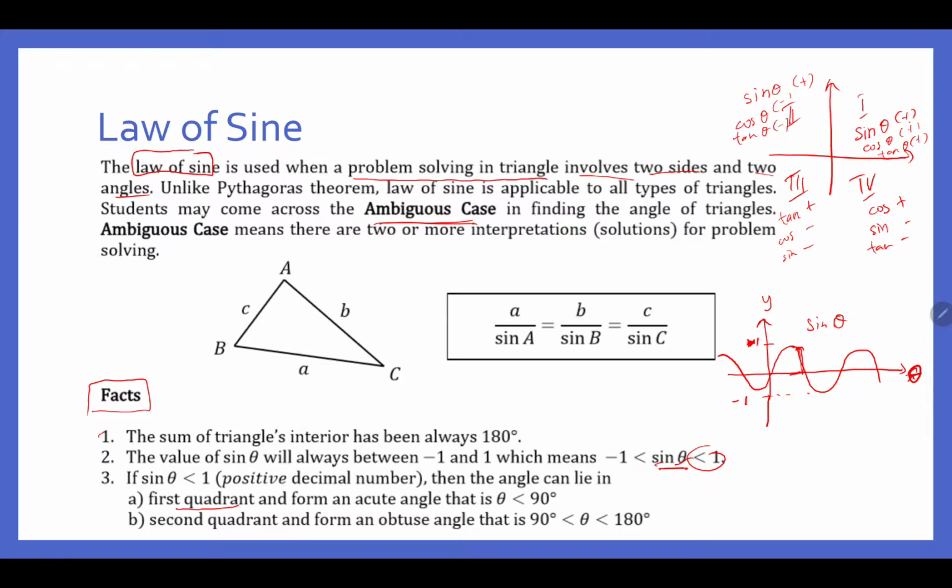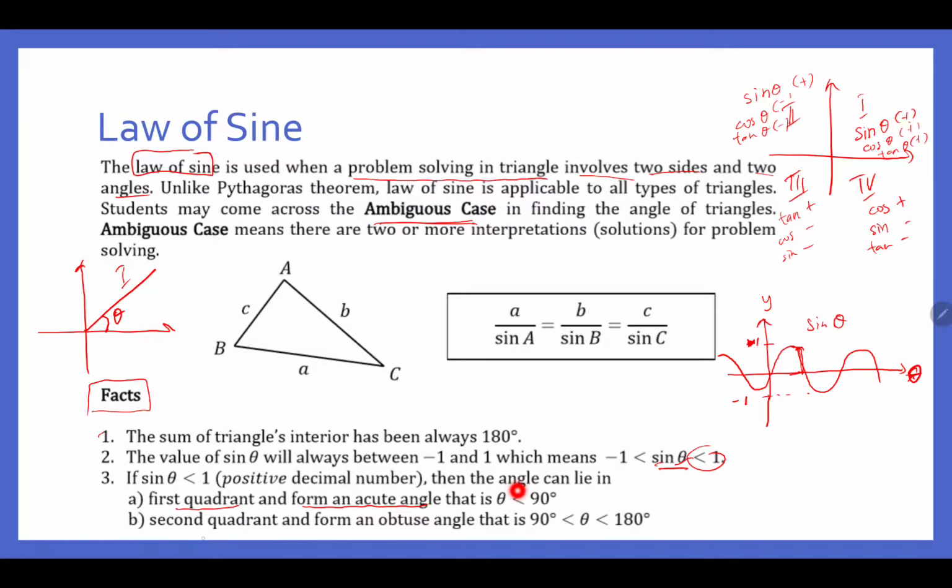If it lies in the first quadrant, contohnya macam ni dekat first quadrant kat sini, it can form an acute angle. Dia bentuk macam ni lah. So the theta is located here, maksudnya the value of theta is less than 90, so it will form an acute angle.